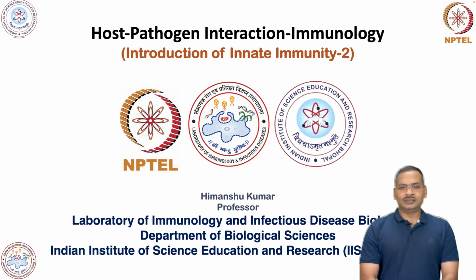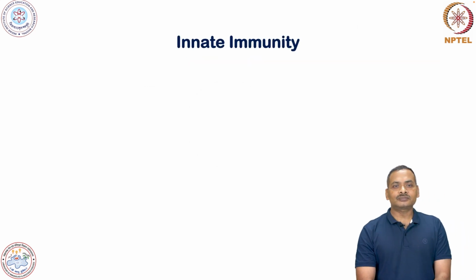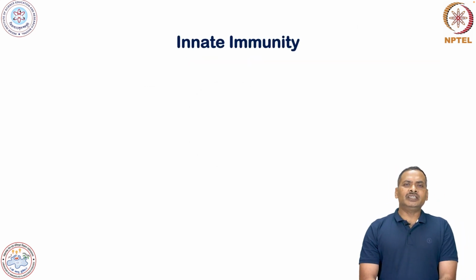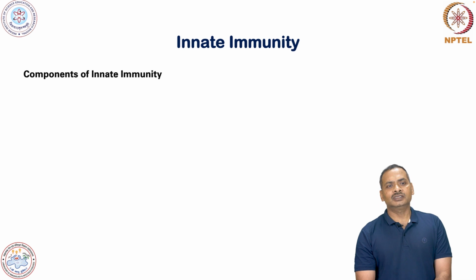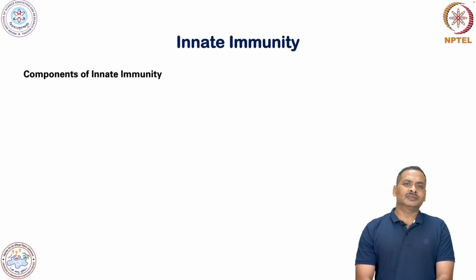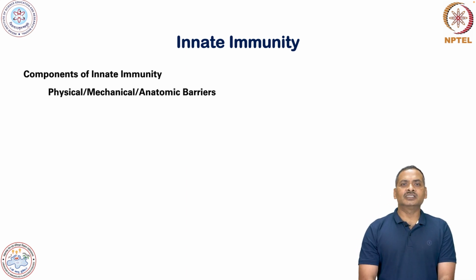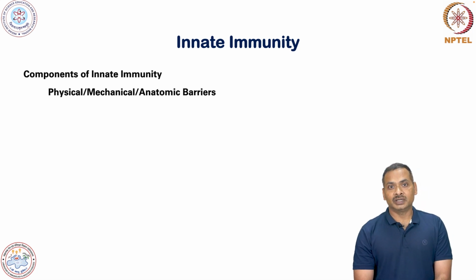So now let us move further into innate immunity, more deeply, okay. Innate immunity consists of various components, okay. Here you can see there is a physical, mechanical or anatomical barrier.